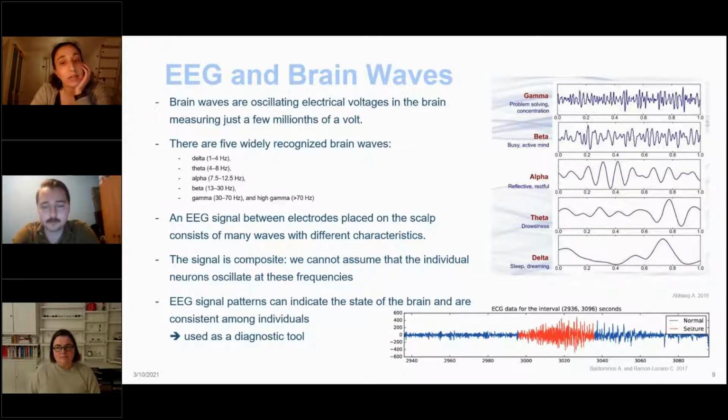For example, here in red, you can see that we can easily identify a seizure in an epileptic patient. And it's not only used in epilepsy, it can also be used in sleep research, during anesthesia, or during coma.